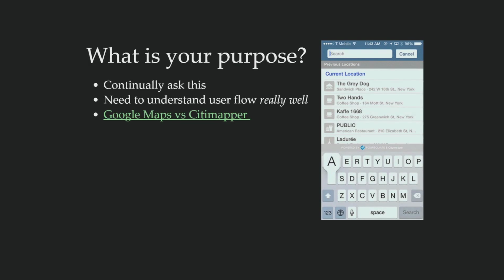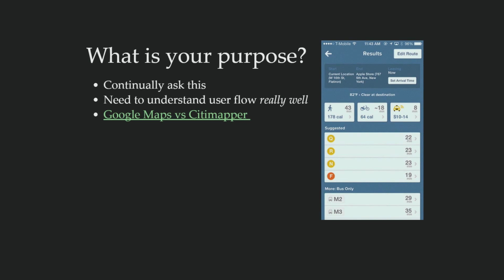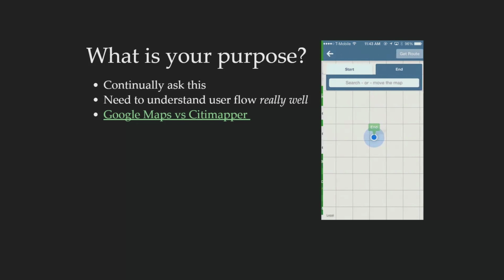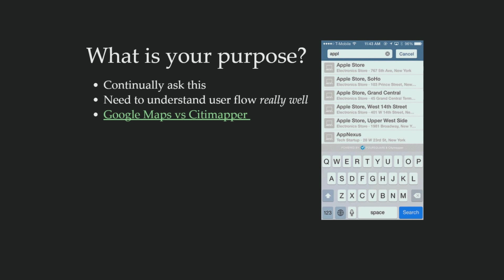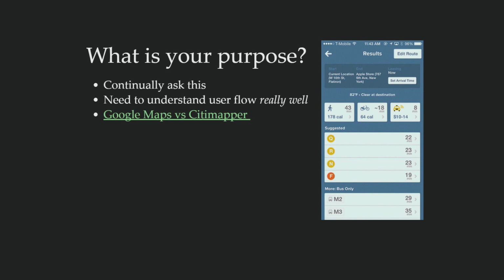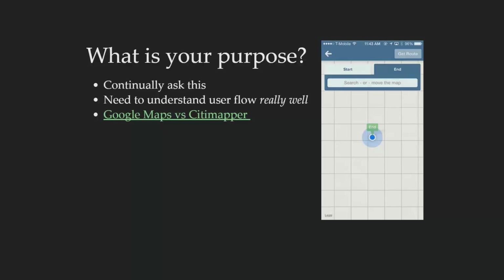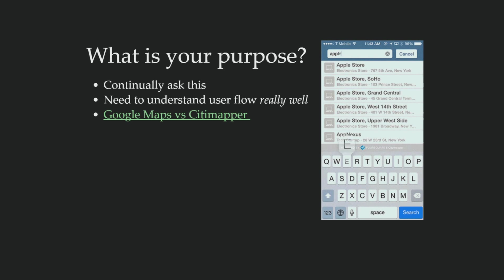And so, like I said before, we really need to know our purpose when creating these things. From the very, very minute things, we still need to know the purpose behind those and execute that purpose well. An example of this is Citymapper versus Google Maps. You might not have heard of Citymapper. It's a very similar app to Google Maps.